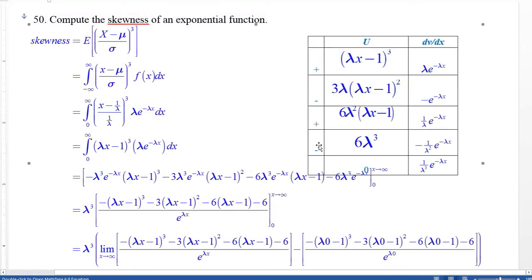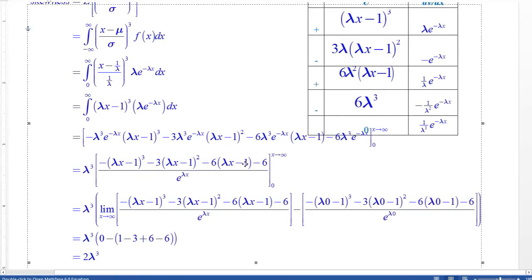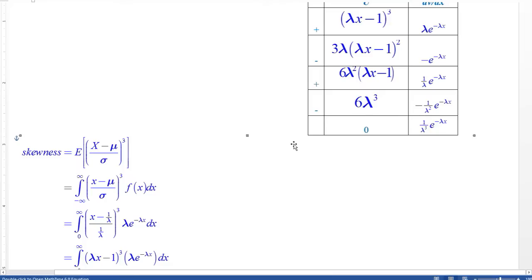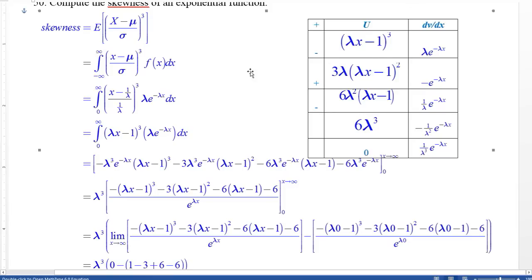Now, it's going to be better if I write these signs up here, so you can just look right down the diagonal. So go down the diagonal here.